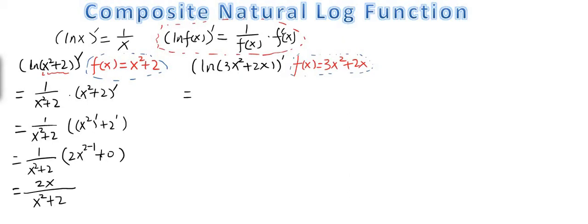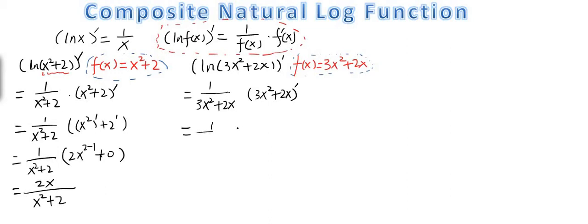We just plug into the formula here: 1 over f(x), that is 3x squared plus 2x, times the derivative of f(x), plugging the f(x) here, prime.